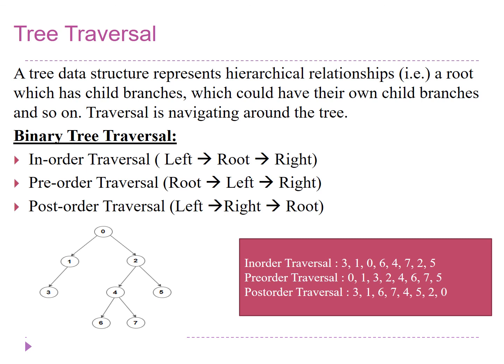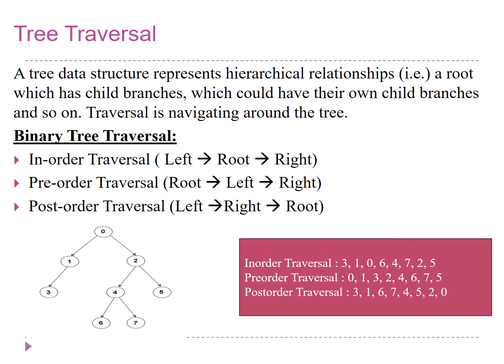Similar to the in-order traversal, we do the pre-order traversal where the root node is processed first. Hence, the root of the tree is 0, which is processed first, followed by the other nodes, which are 1, 3, 2, 4, 6, 7, and 5 in that order.